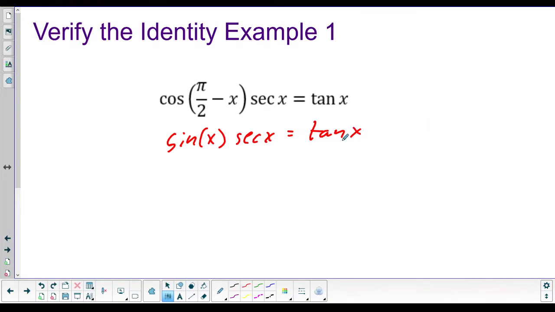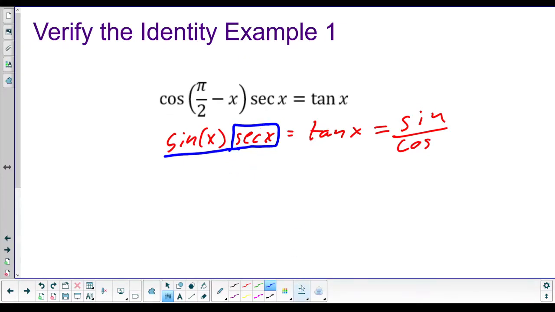Now we're trying to get tangent. I know tangent is sine over cosine. Oh, look, I already have the sine. It's right there. So how can I get an over cosine? I wonder where it comes from. So now we need to remember some of those trig identities from before. This is one of our reciprocal identities.